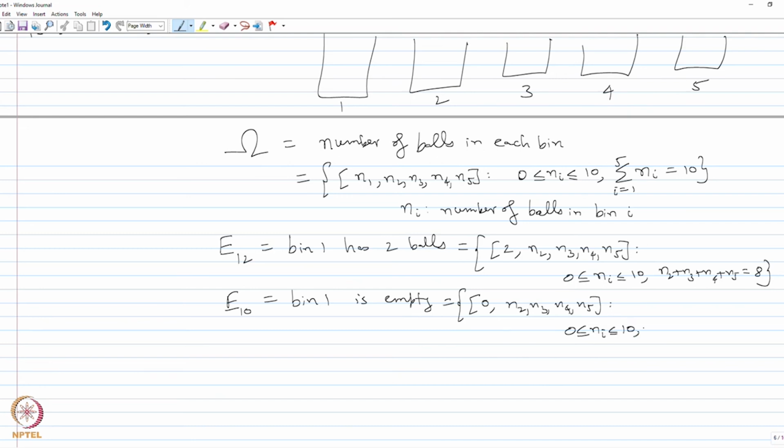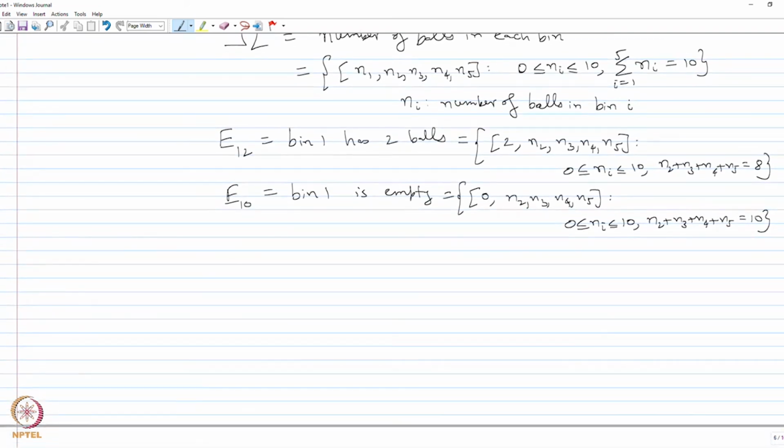So n2 plus n3 plus n4 plus n5 is 10. Okay, this is bin 1 is empty. Okay, so you can also have similar events like E20, which is bin 2 is empty, E30, which is bin 3 is empty, E40, E50, like that. Okay, you can have these kind of events.